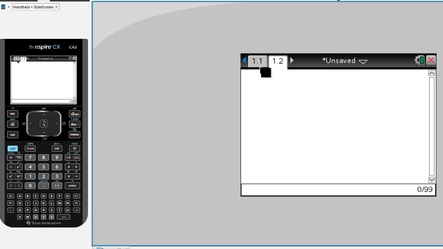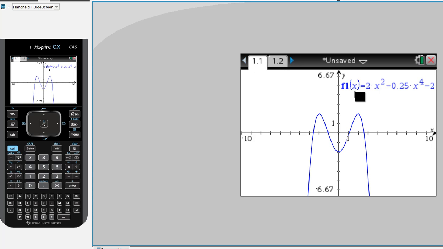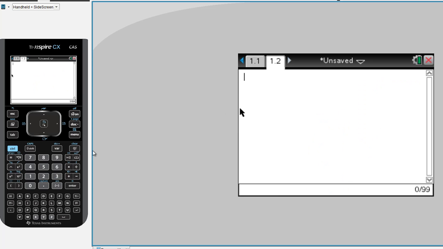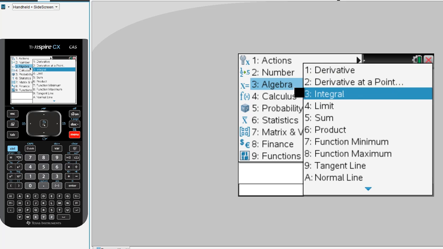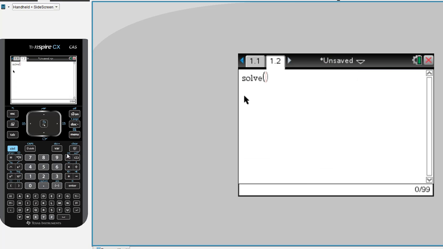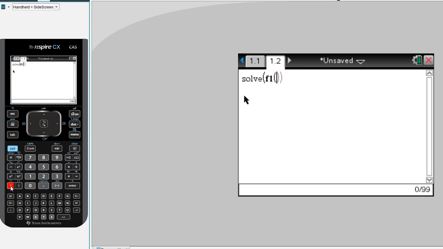Remember, if we're in the same problem, when we have 1.1, 1.2, everything that begins with 1, it will remember the function. So here this function is called f1. So I can just type f1. I don't have to write all this again. So f1, let's solve that function. Algebra, solve.